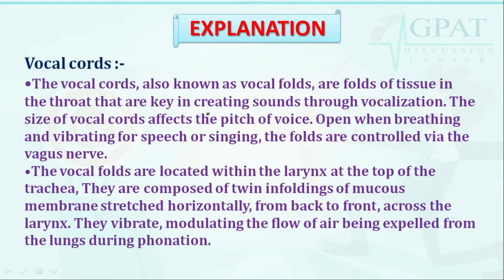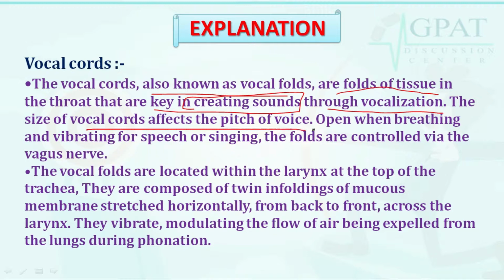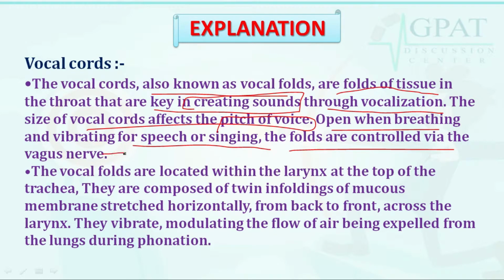The vocal cords, also known as vocal folds, are folds of tissue in the throat that are key in creating sounds. Vocal cords help in creating sounds through vocalization, and the size of the vocal cords affects the pitch of the voice. When we breathe they open, and they vibrate during speech or singing. The folds are controlled via the vagus nerve.